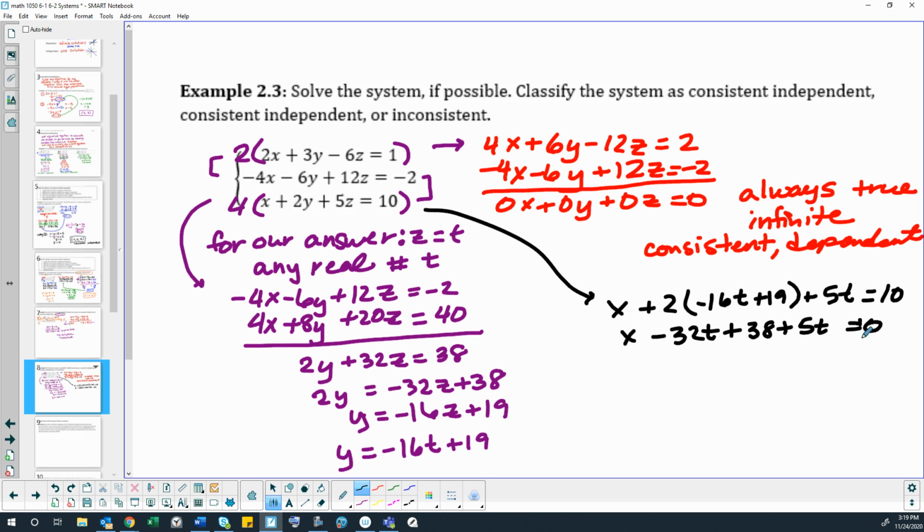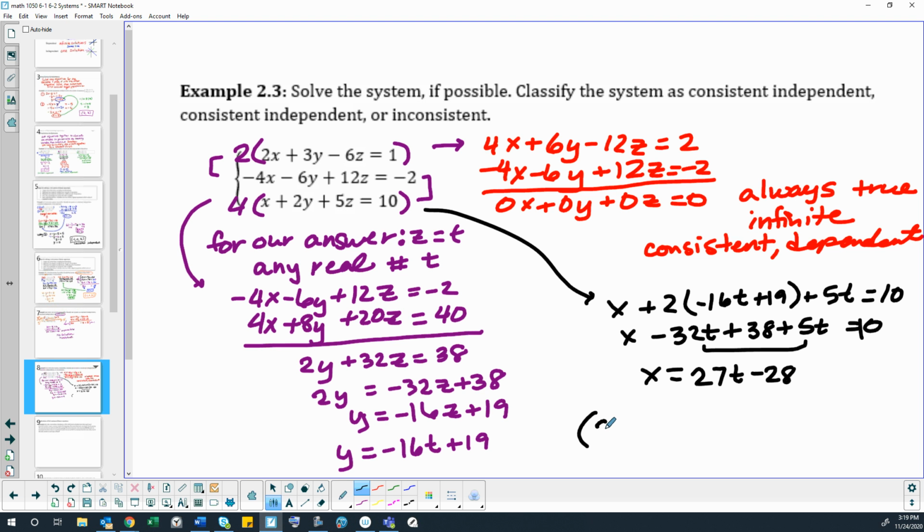We solve that whole thing for x. This adds up to negative 27t, so move that to the other side and it's positive 27t. Move this to the other side, 10 minus 38 is negative 28. That is our parameter for x.